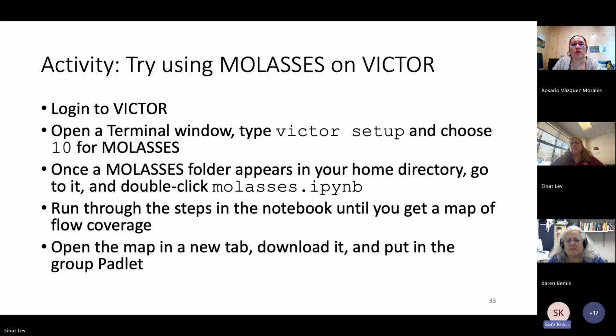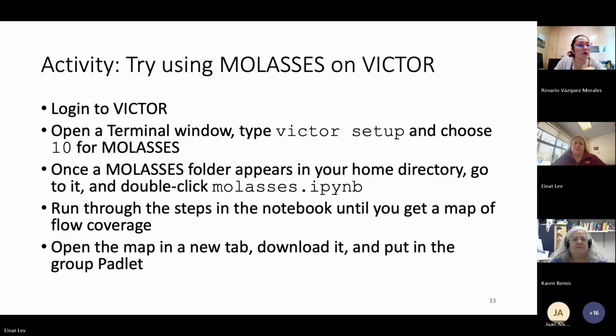So if your notebook seems to be stalled or not running anything in the cells, just restart it, and that should get it running properly again. And Rosario was also helpful just now saying that Molasses is 13, not 10, because for better or for worse, we constantly add models to the setup command.